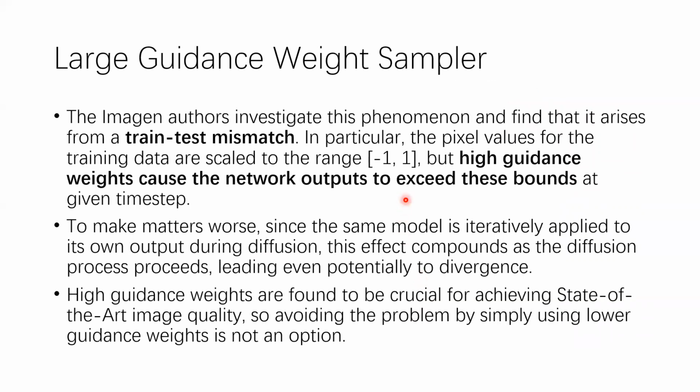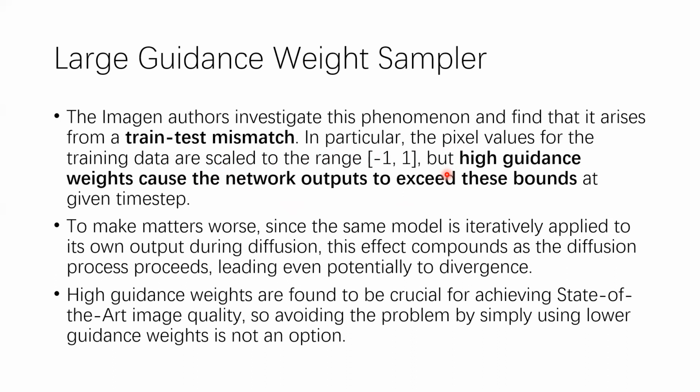The authors investigated this phenomenon and found that it arises from a train-test mismatch. In particular, the pixel values of the training data are scaled to the range of -1 to 1, but high guidance weights cause the network outputs to exceed these bounds at a given time step.